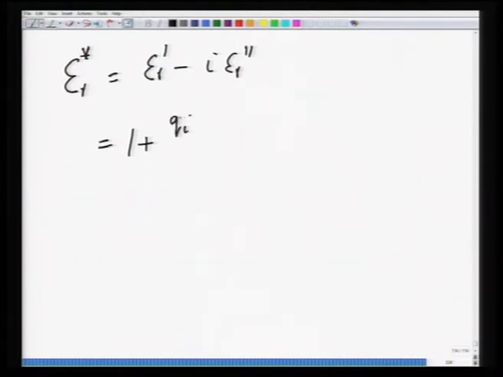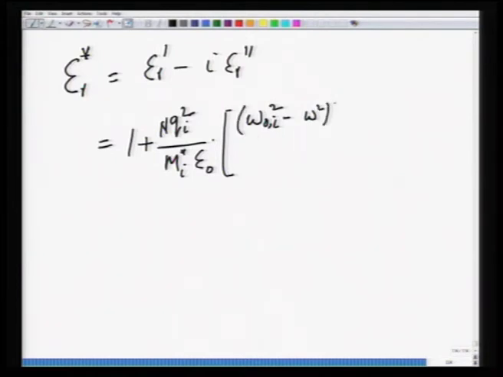So, when you do that, then you get epsilon r star is equal to epsilon r prime minus epsilon r double prime, and this is equal to 1 plus n q I square divided by m I, we forgot the term star, and now the numerator becomes omega naught I square minus omega square minus I gamma I omega divided by, what does the bottom term become?